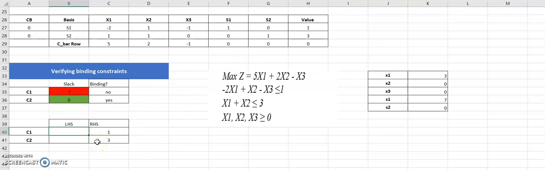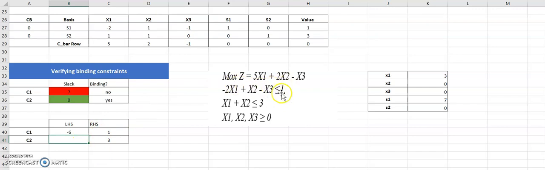So for the first constraint, we have -2 multiplied by 3 plus x2, which is 0, minus x3, which is also 0. So it's just -2 multiplied by 3. It's -6, which is different from the right-hand side.